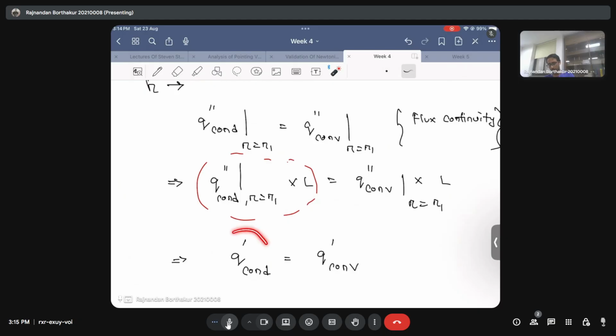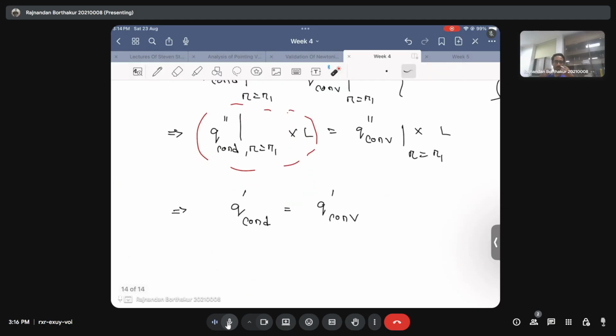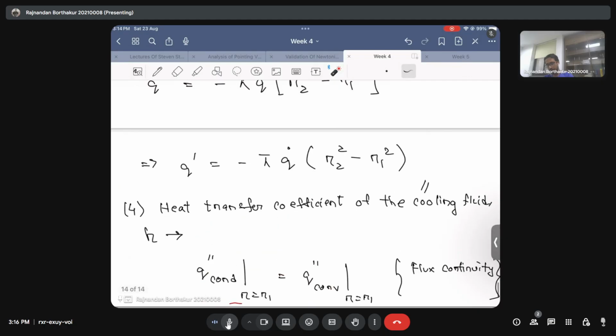This becomes equal to the heat removal rate per unit length due to convection. We are using the fact that whatever heat is removed by conduction is equal to the one that goes by convection to the other end of the fluid. As I said, we know that Q prime conduction is basically this value, right?